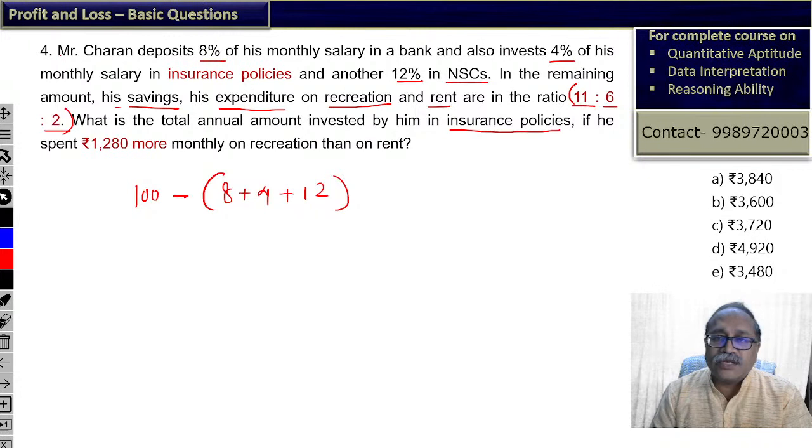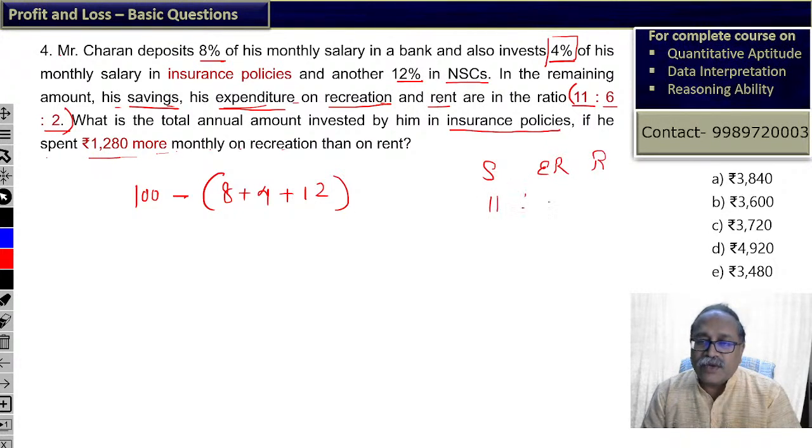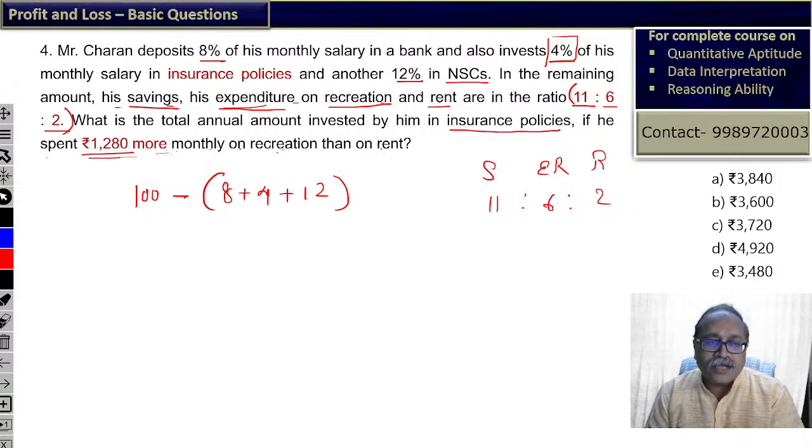What percentage of the total is he paying for the insurance policy? 4%. If he spent 1,280 more monthly on recreation than rent. Now see, monthly, what is he doing? Here we have expenditure, saving, expenditure on recreation and rent, in the ratio 11:6:2. And here it says he spends 1,280 more on recreation than on rent.